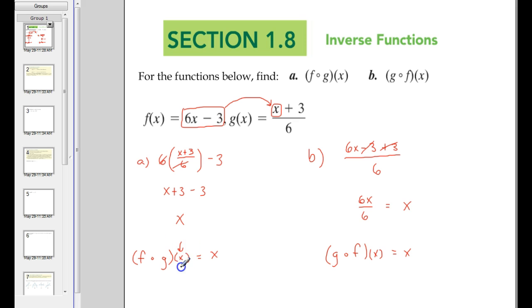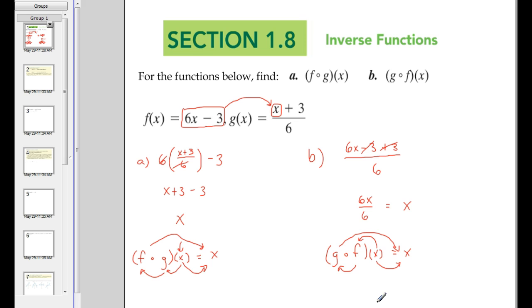We take the input, we put it into g, and then we take that output and spit that into f, and what happens? It turns right back around and gives us what we started with. And then if we put x into f, and then do the stuff that f does, and then put it into g, we get right back to x, what we started with.